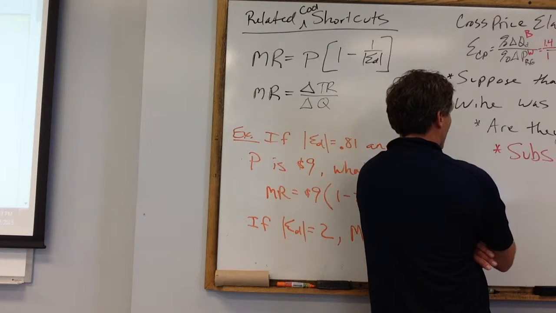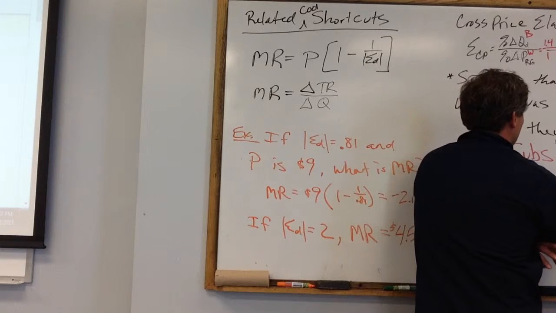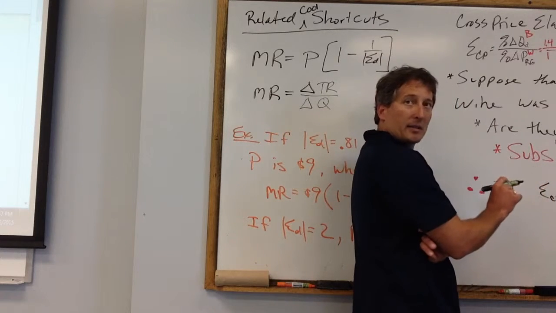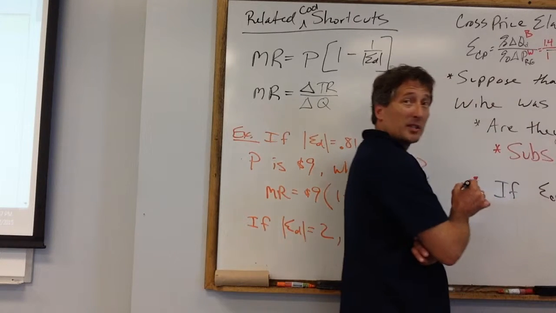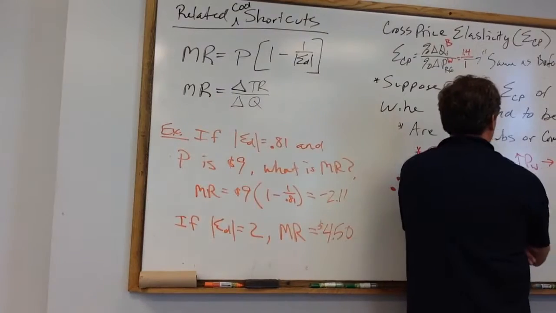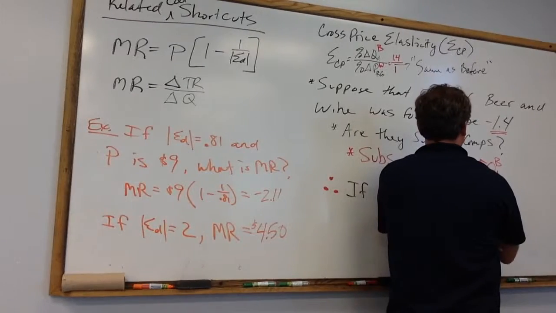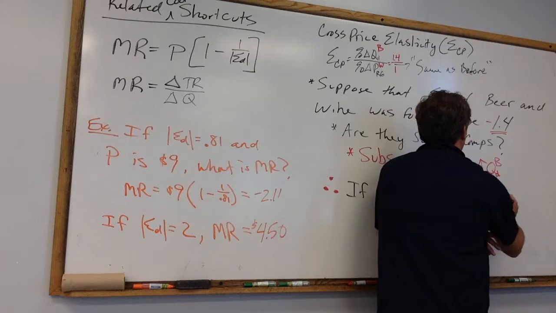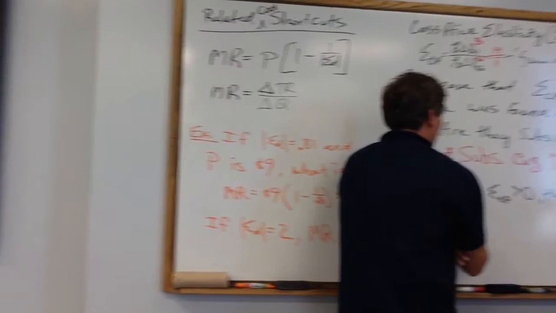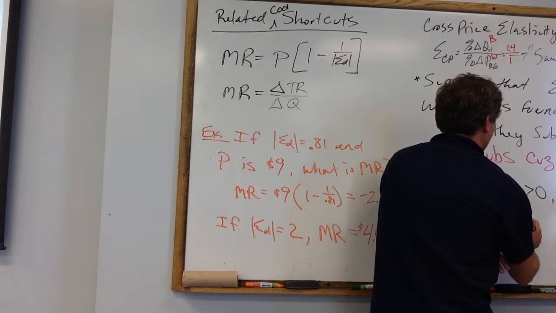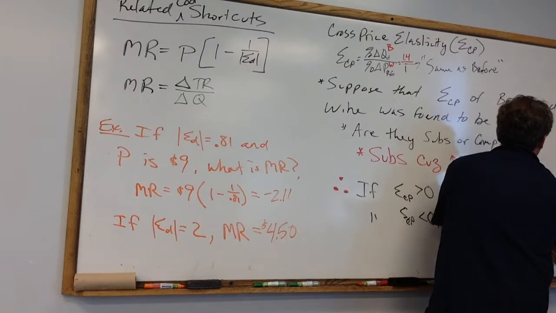If the cross-price elasticity, no absolute value business, is greater than 0, then the goods are substitutes. If the cross-price elasticity is less than 0, then the goods are complements.